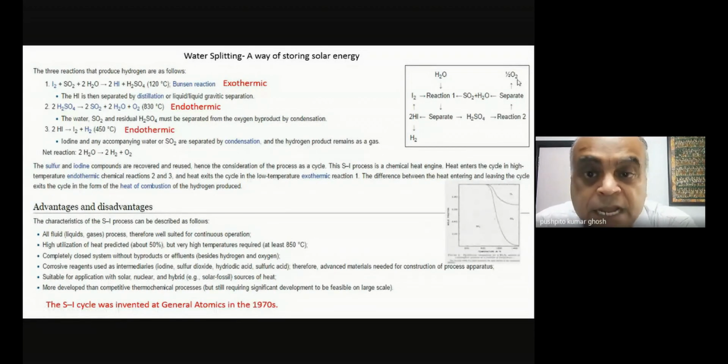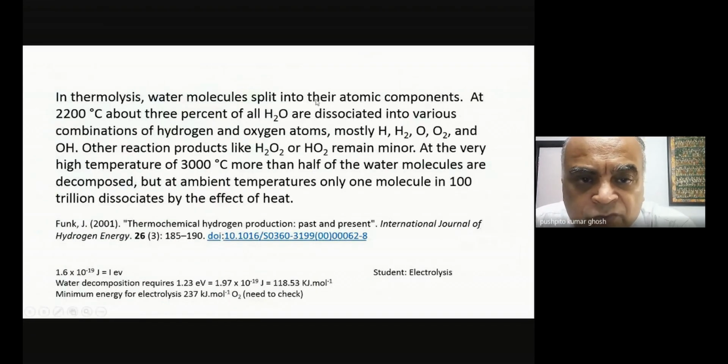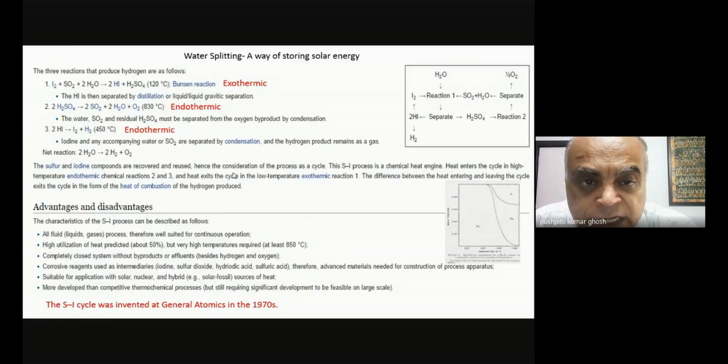Now, why did I do all this? The reason is because whereas over here, even with a temperature of 3000 degrees centigrade, I could only convert half the water molecules into oxygen and hydrogen, here I can do that same thing at a temperature of 830 degrees centigrade.